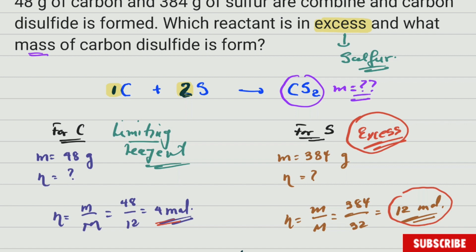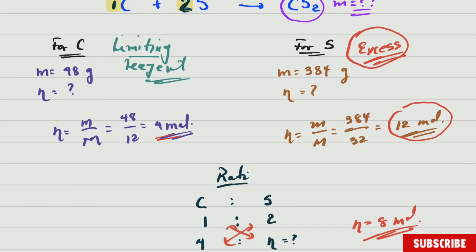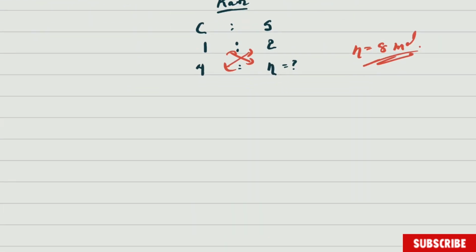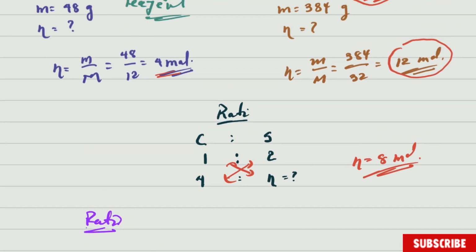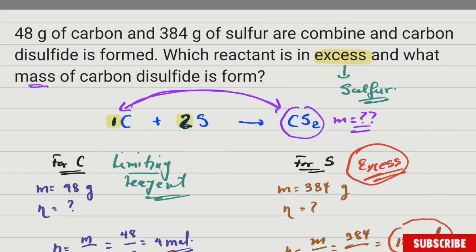Now to do that one, we have to use the limiting reagent, which in this case is the carbon. So we are going to work with this, and it's quite simple because the ratio is 1:1. So we go here and we say ratio of carbon to carbon disulfide, and the ratio is 1:1 according to the balanced chemical equation.